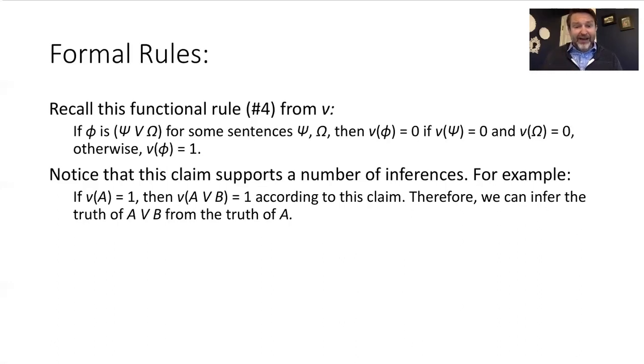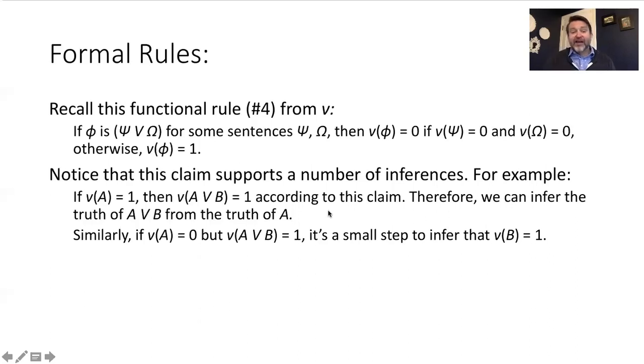If I have the atomic sentence A, then I can infer A or B for whatever value B is to be true as well. So this tells us, simply by thinking about this functional rule, that if we're presented with a true sentence, we can derive a true disjunction from that sentence by just disjoining any other sentence to that thing.